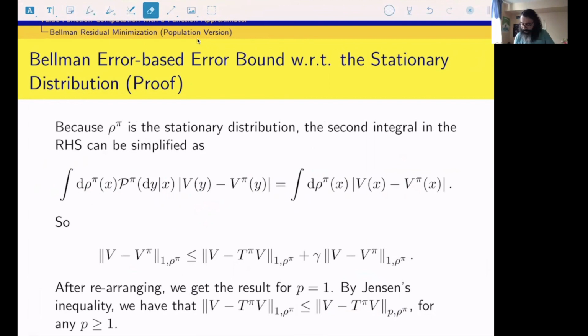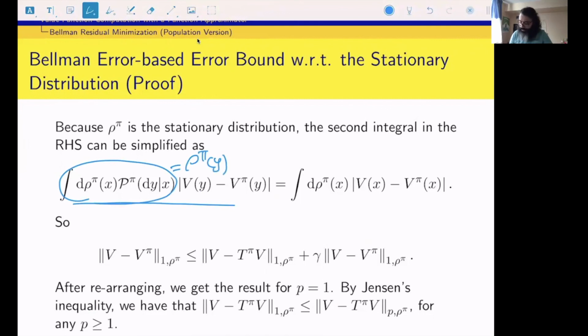Okay, so because ρ^π is the stationary distribution, the second integral on the right-hand side can be simplified, these two terms would be equal to ρ^π(y). So it would be the integral of ρ^π(y) times the absolute value of V(y) minus V^π(y), which is written here. Here I just changed the notation from x to y, but maybe it would be more clear if I kept it as y.